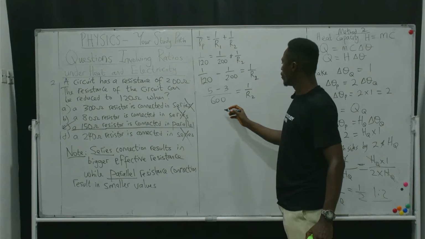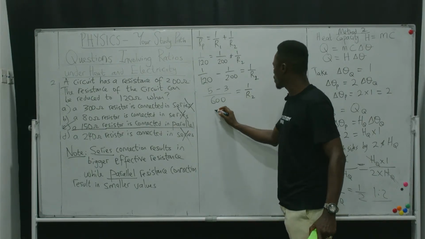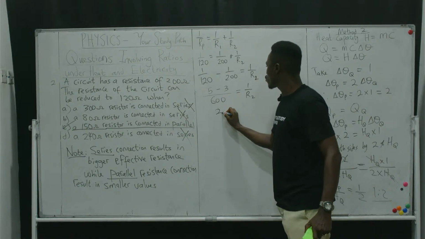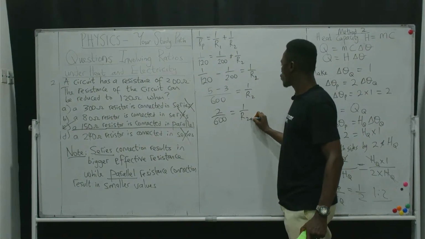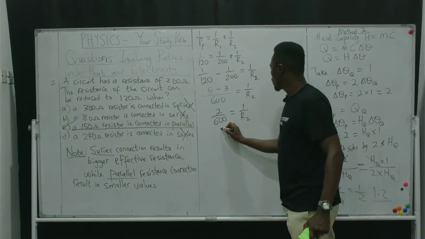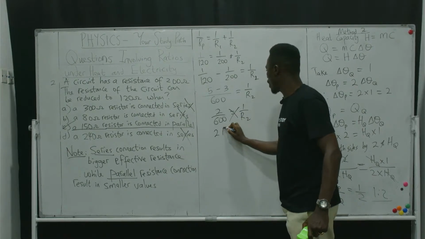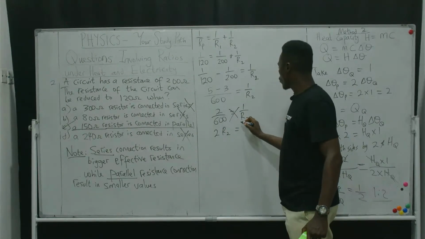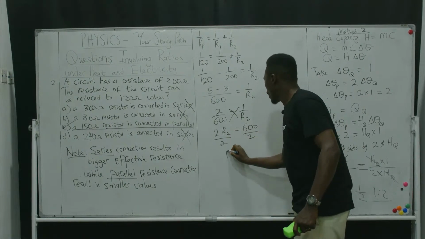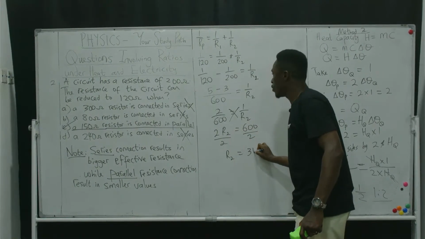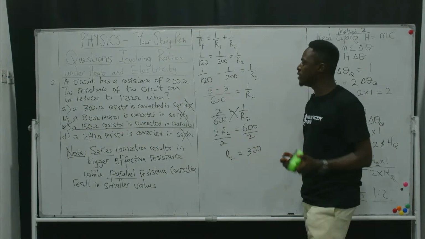So from here now, we have that 2 over 600 should be equal to 1 over R2. And here, cross multiply: 2R2 equals 600. Dividing both sides by 2, you have R2 equal to 300, which is certainly not what we are having here.